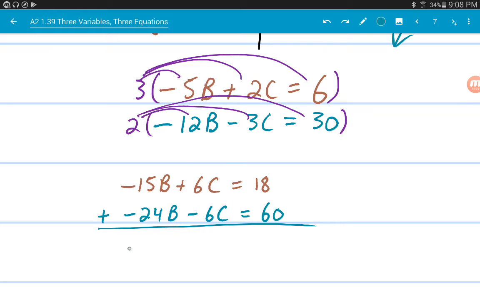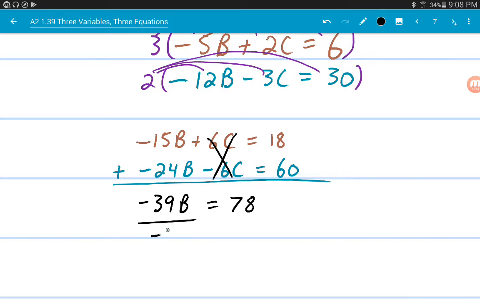Negative 15 plus negative 24 is negative 39b. These cancel. So this is equal to 78. Divide both sides by negative 39. And I get negative 2. So that's b.